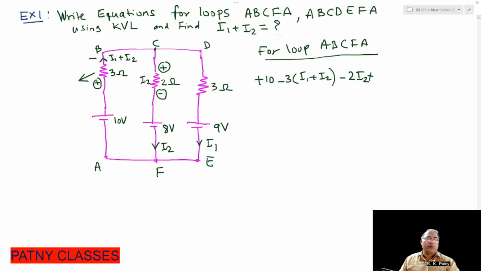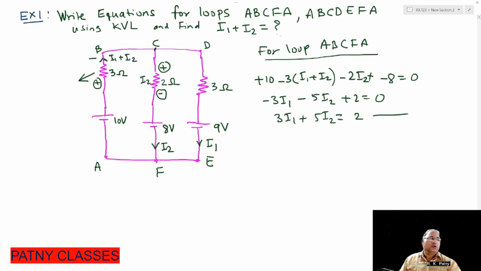Now we are moving from higher to lower potential, therefore minus 8 equals 0, which on simplification gives minus 3I1 minus 5I2 plus 2 equals 0, that is 3I1 plus 5I2 equals 2. Call it equation number 1.